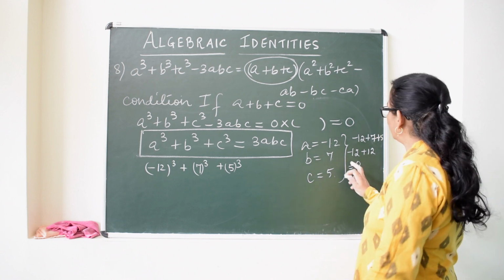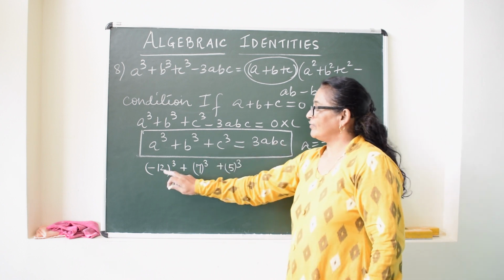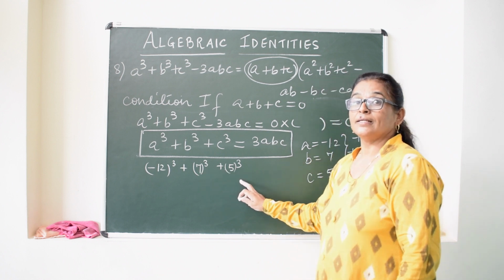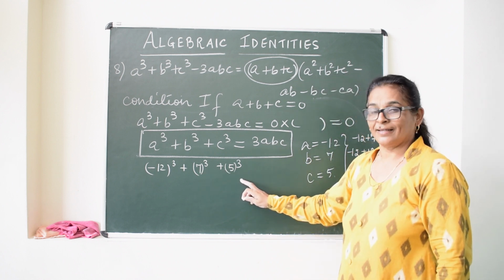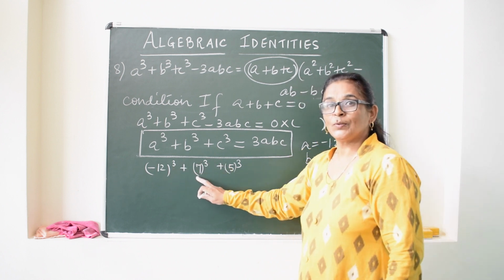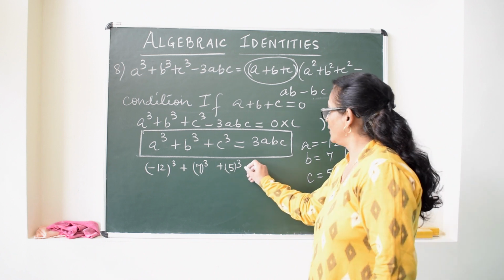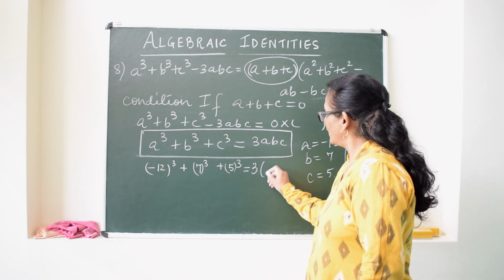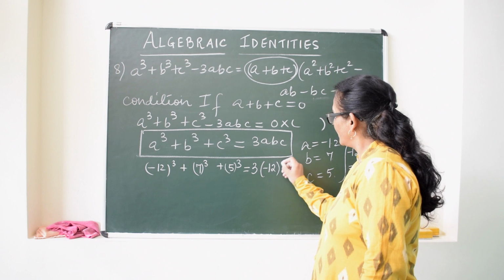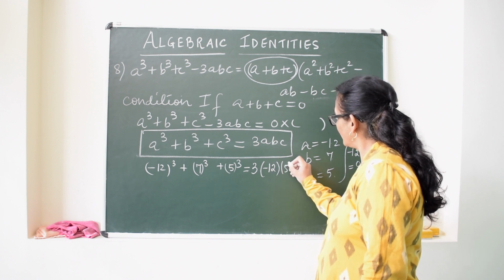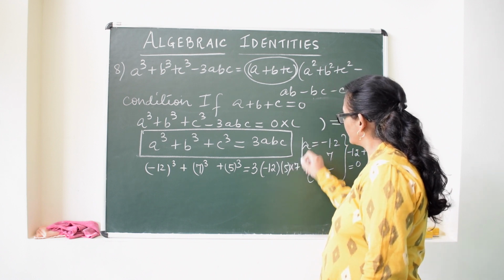It means directly we can say if a plus b plus c is equal to 0, then a cube plus b cube plus c cube will be equal to 3 into a into b into c.